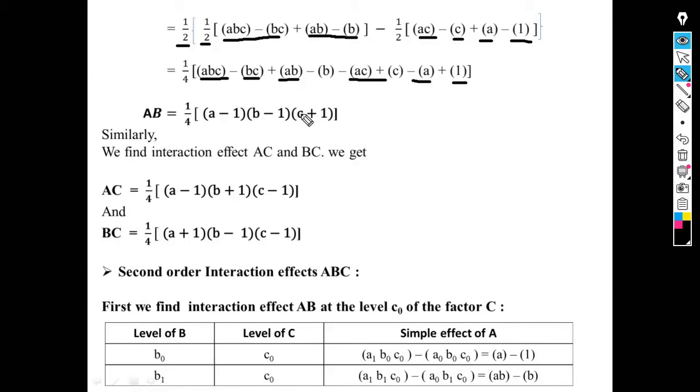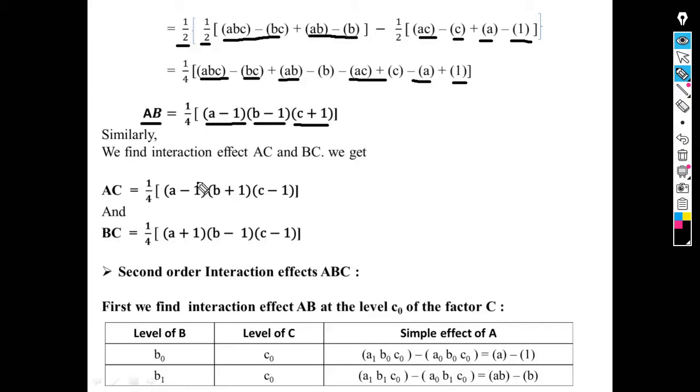So this term can be written as AB, the interaction effect. It is 1 by 4 A minus 1 into B minus 1 into C plus 1. So after solving these three terms, we get this term. So this is about the interaction effect AB.